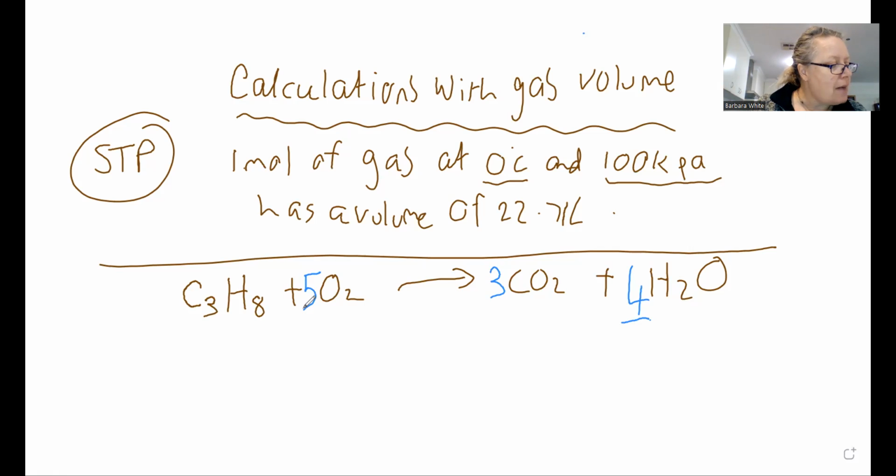How many moles of carbon dioxide are generated when 5.5 moles of propane are burned? We know that's 1 there, but we don't write it.